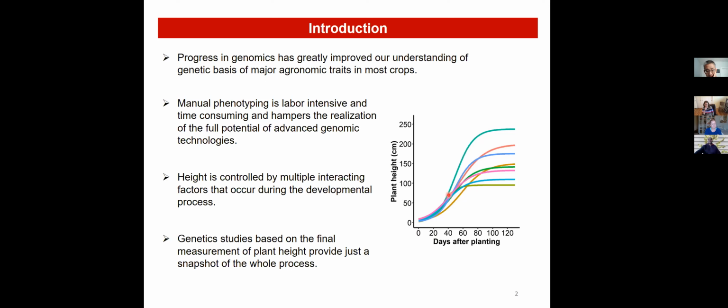And it is controlled by multiple factors that are occurring throughout the whole developmental process. So genetic studies based on only the final height just show us a snapshot of the whole complex and dynamic process that led to that final height that we see.